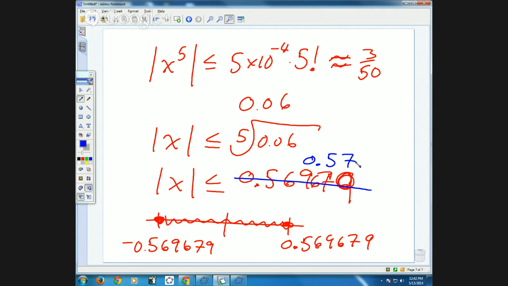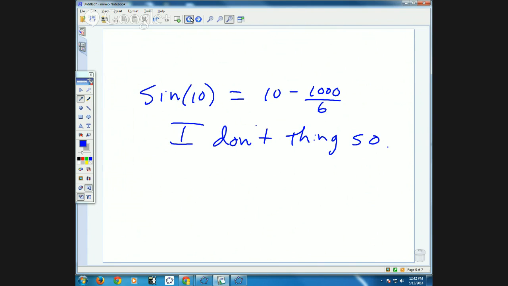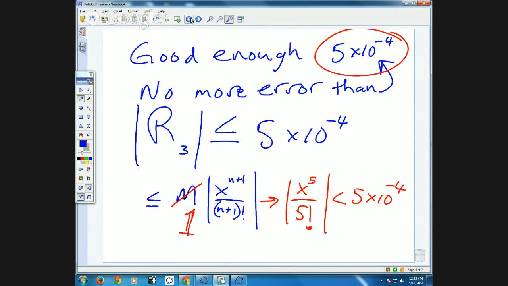Always. If you wanted only 2 decimal places, the safe thing to do would be to say 0.56. Otherwise, you jumped to the other side of this number and we're out of our interval of safety. What's it mean to be an interval of safety? It means that the end result is going to be within 5 times 10 to the negative fourth of the actual answer.